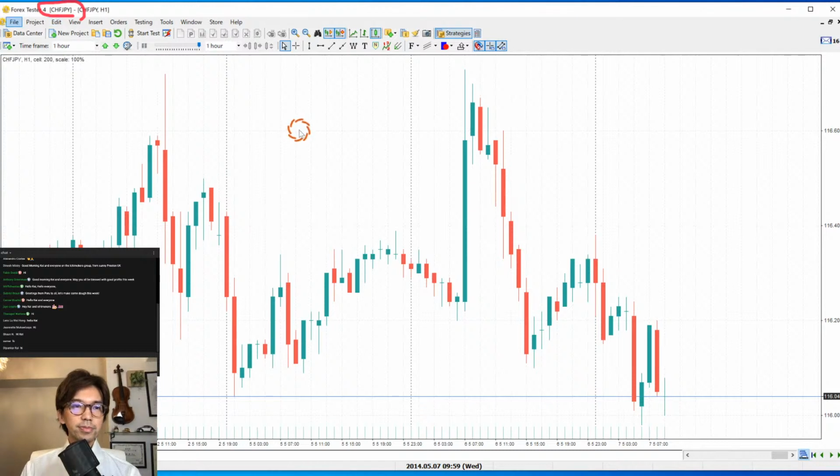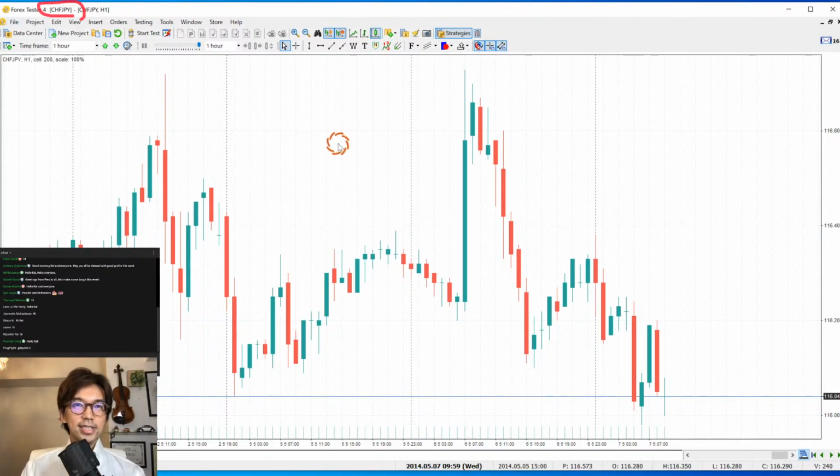Based on my experience, it tends to work better on JPY crosses. So EURJPY, USDJPY, GBPJPY, AUDJPY, NZDJPY, or CHFJPY, whatever the JPY cross is, I think it's applicable. But make sure to backtest yourself so that you can capture a nice breakout on this one.